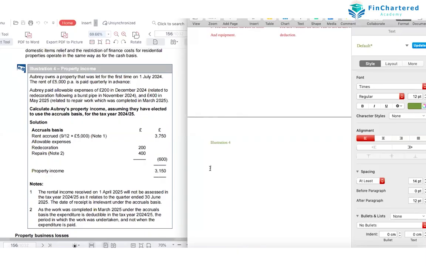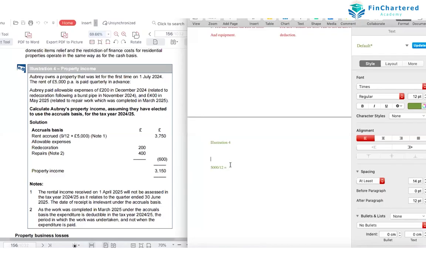We don't care when the cash was paid or received. We worry about how much of that income is for this year. And 5,000 is the income for 12 months, so the monthly income will be 5,000 divided by 12, which is 416.66666. So the 3 months rent will be 1250.